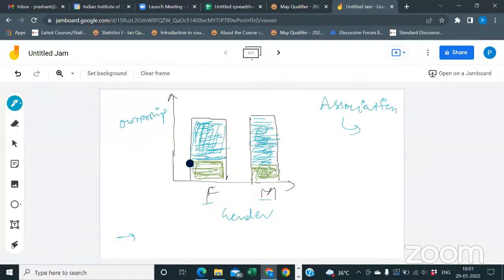If you go from this to this, in the y-axis there is no change. That means there is no association between these two categorical variables. Association means a change in one variable affects the change in the other variable, right?